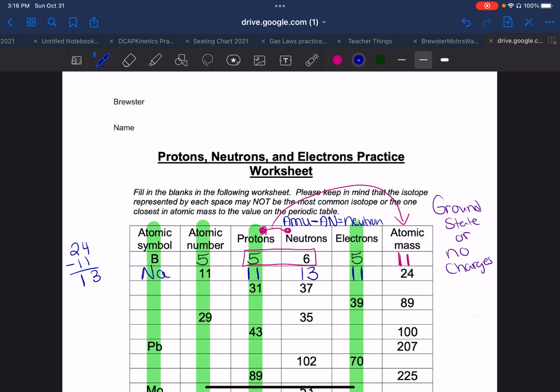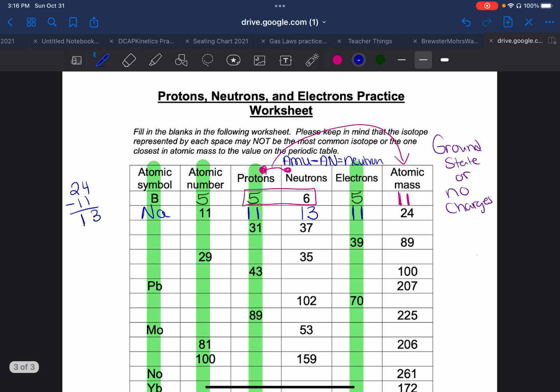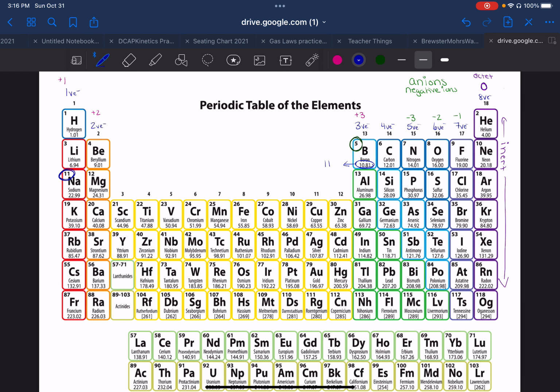Let's do one more example. Let's do this one right here. So it says the atomic number is 100, so I know that's going to be my proton count and my electron count. So I'm going to go to my periodic table, and I'm looking for 100. I find it right there.